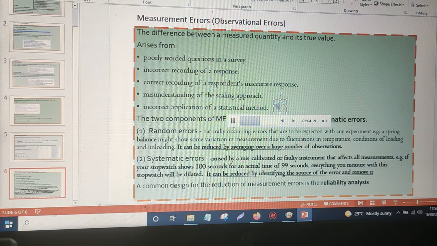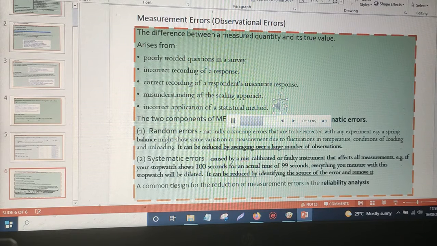Random errors are naturally occurring errors that are expected with any experiment. For instance, you use a spring balance to measure maybe in the sun, and this instrument expands as you continue to use it and gives you wrong readings, or maybe certain conditions of loading and unloading are affected by natural factors.